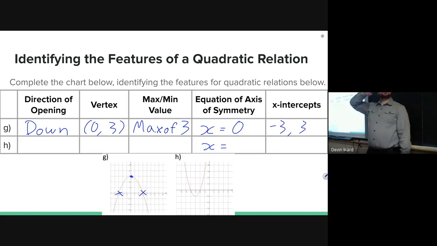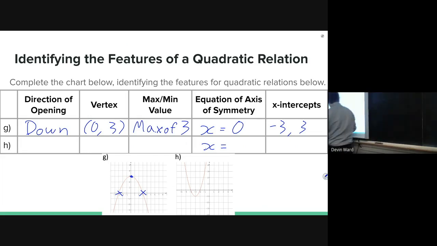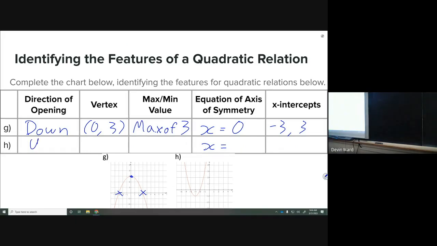Okay, last one, H. Are we going up or down? Up, good. Where is our vertex? Little turning point there. Go to the x, goes over to -3. And then our y is at -1.